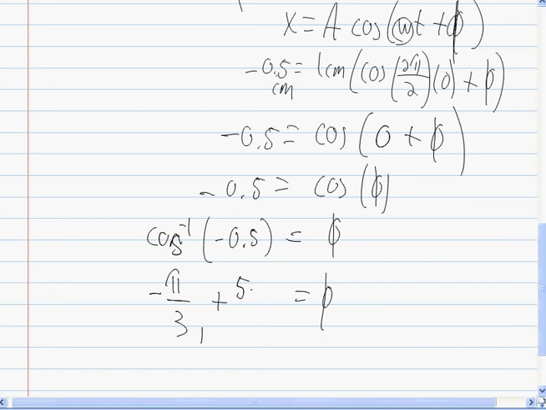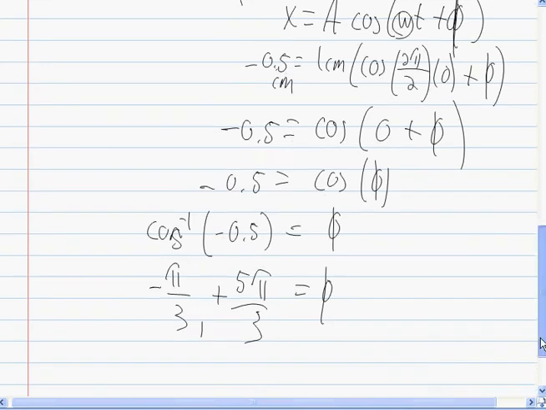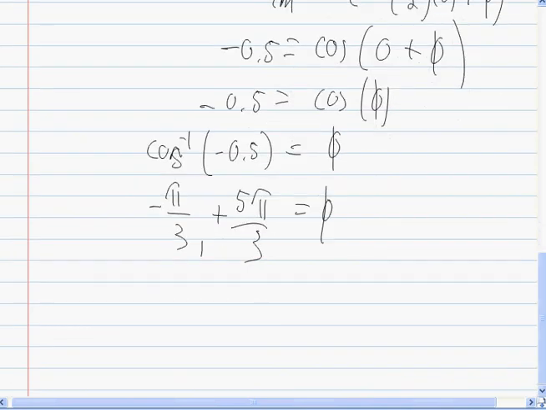Yeah, pi over 3. I think if you do it in your calculator, you get like 60 degrees, or is that right? So it'd be negative 60 degrees. So you get negative pi over 3, and that makes our phase angle 5 pi over 3.